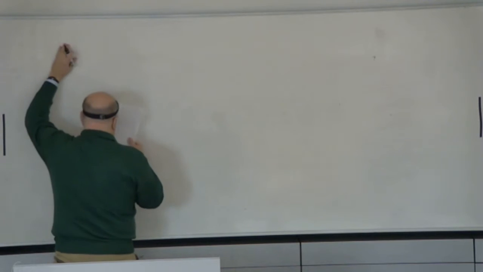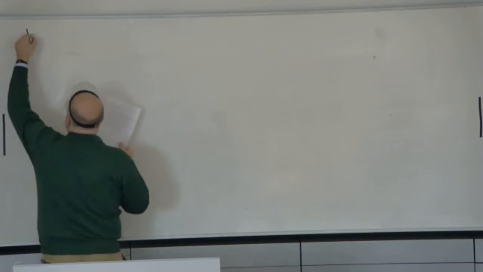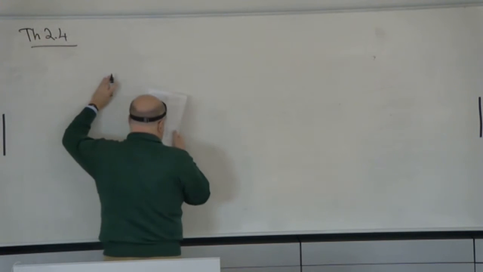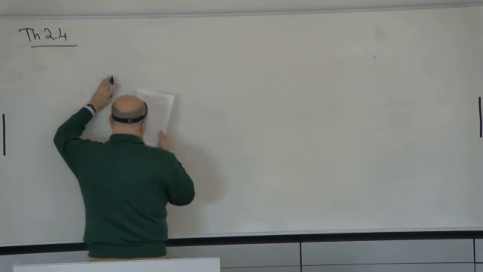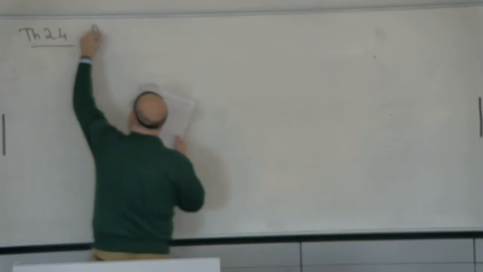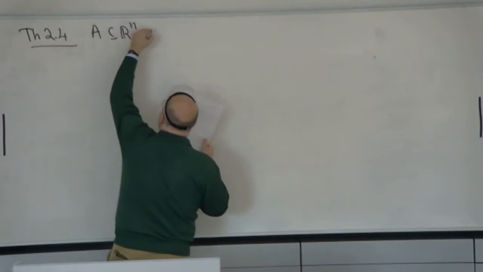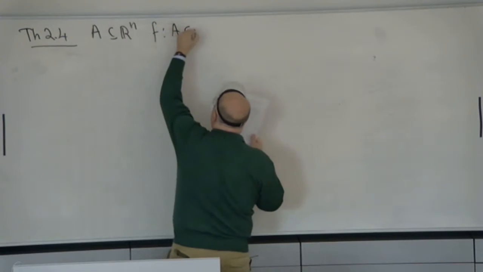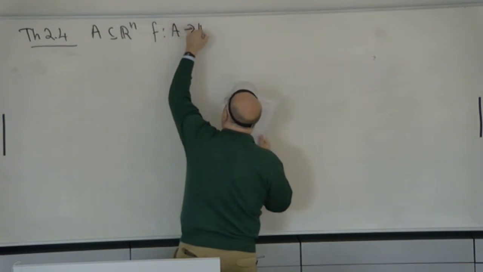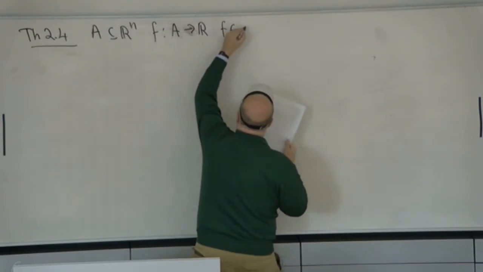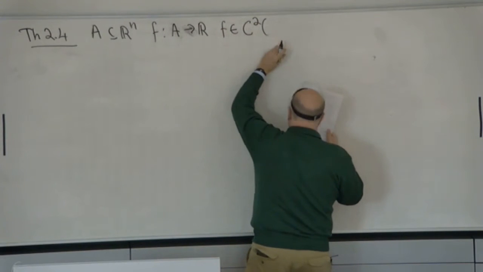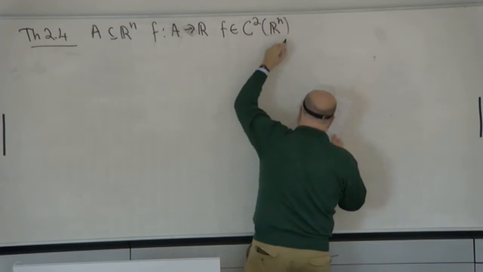So we now go for the second order necessary condition, which is theorem 2.4. Again, A is a subset of R^n, and now f is from A to R. And now we assume that f is C2 of A. Again, I used Rn, I don't know why, but anyway.